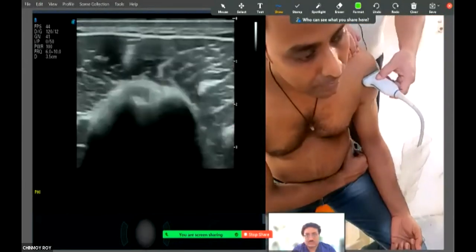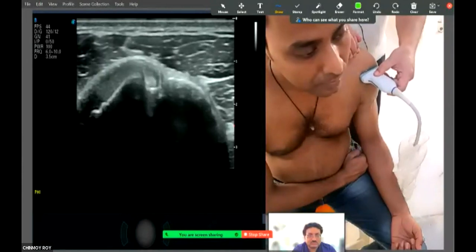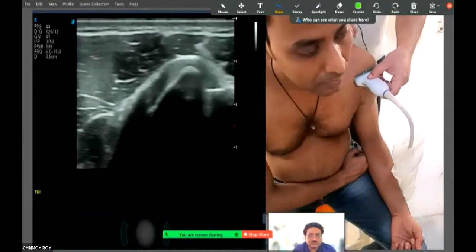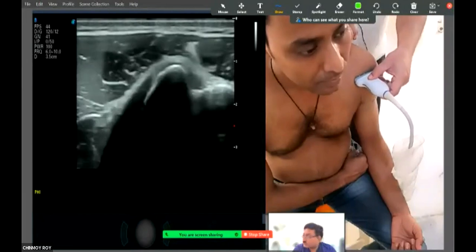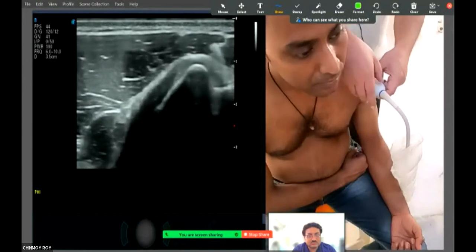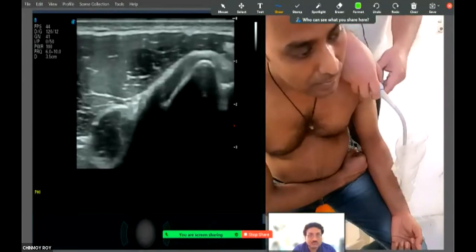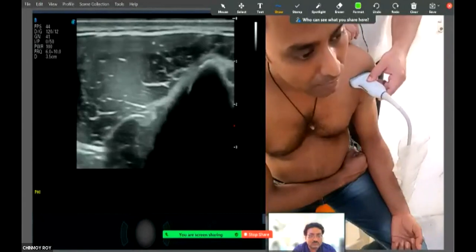As you have understood, we started from here, biceps tendon and all we have seen clearly, and then we are going more medially to see the subscapularis muscle. Here also some amount of anisotropy will always be there. Why?